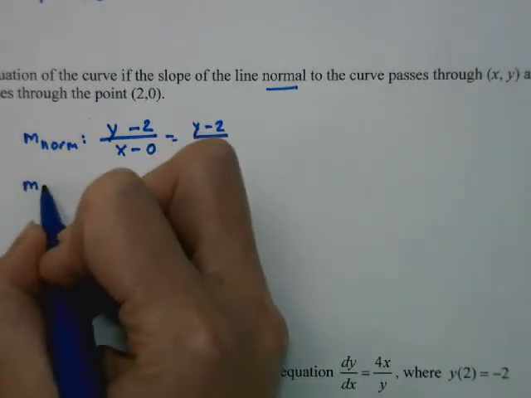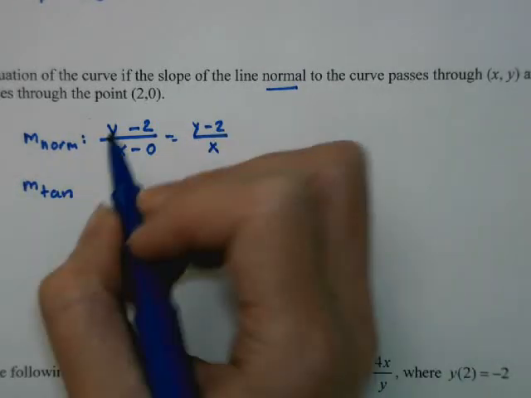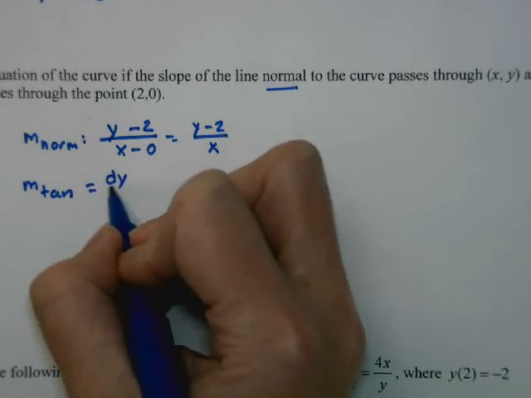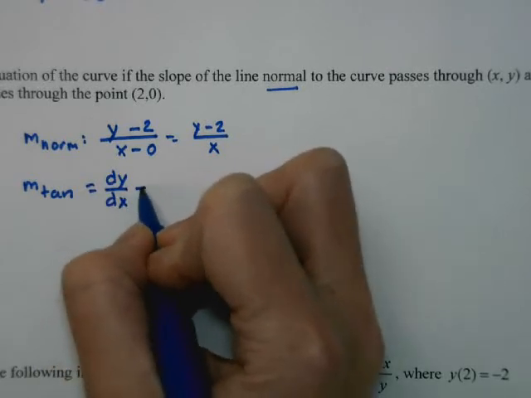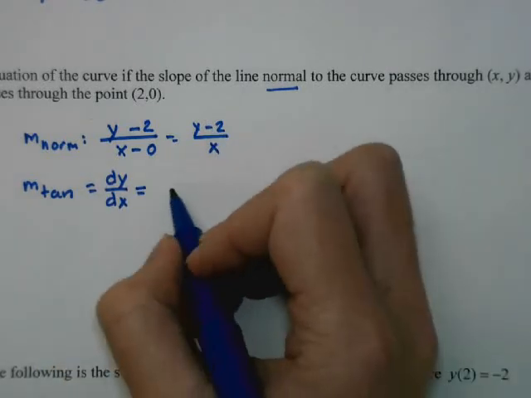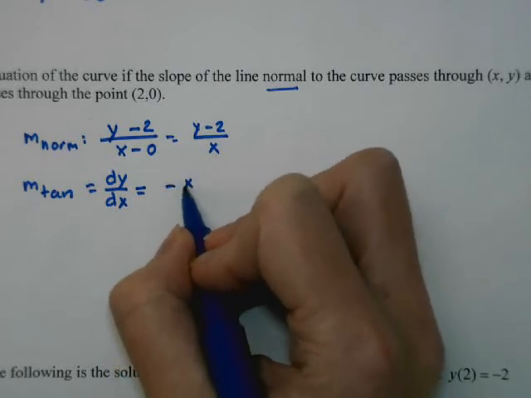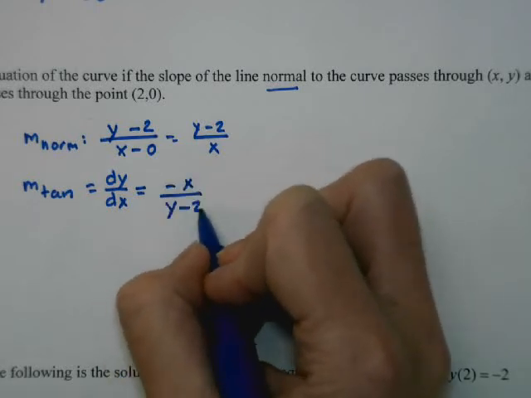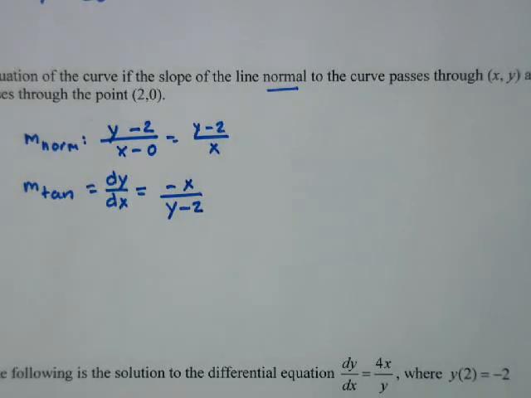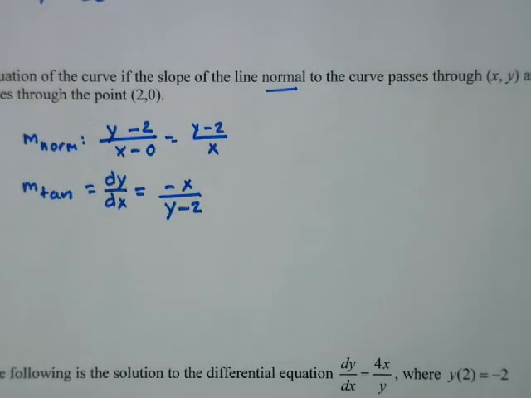The slope of the tangent line, which is going to equal dy dx, is going to be the opposite reciprocal of that. So I'm just going to make this a negative x over y minus 2. So that's our differential equation that we're going to be solving.